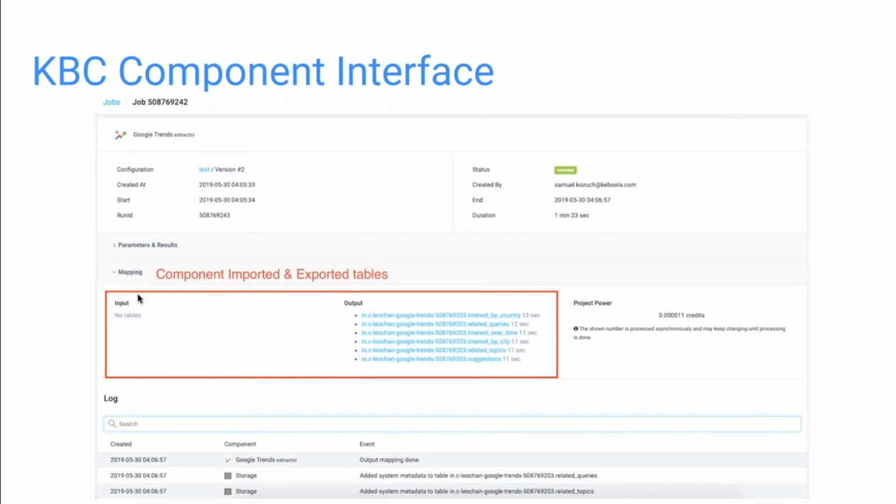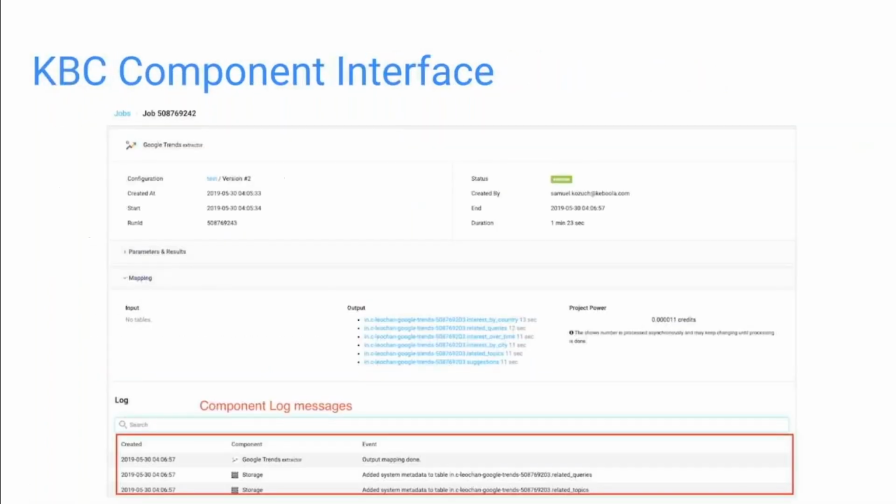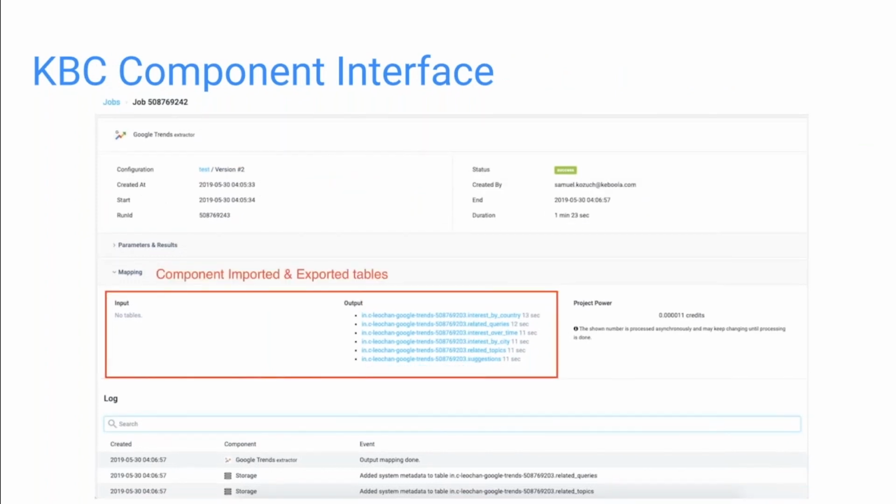In the mapping tab, this is where you find out if the component imported any tables from KBC or exported any tables into KBC. Correction, I named it wrong. Input tables are the tables that the component uses to run.